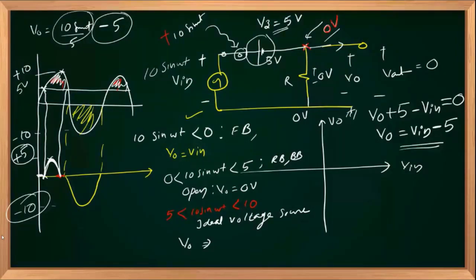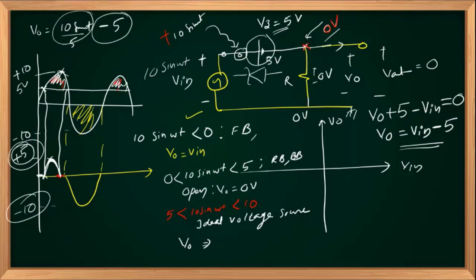Here in this example, the Zener diode breaks down, and we have to subtract 5 volts from the input signal because the diode was connected like this, right? So the positive maximum for the input is 10. If you're subtracting 5, 10 minus 5, the positive maximum will be 5. So the circuit will produce a maximum value of plus 5 and a minimum value of minus 10 at the output.